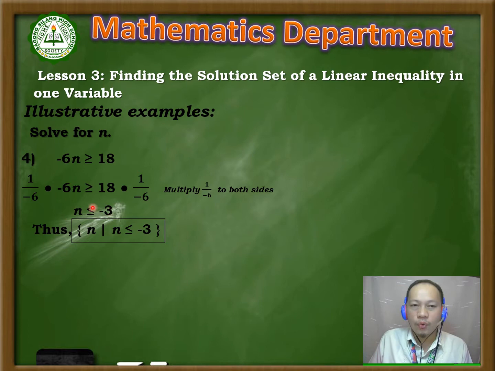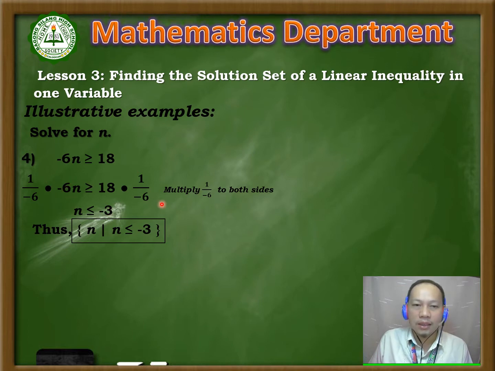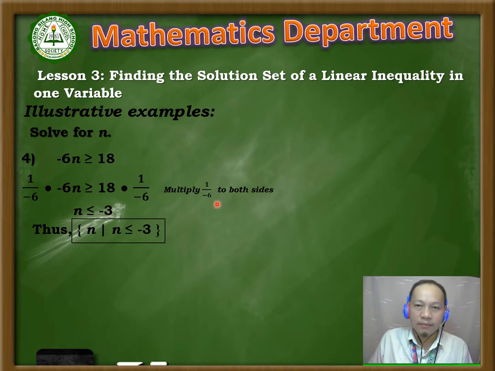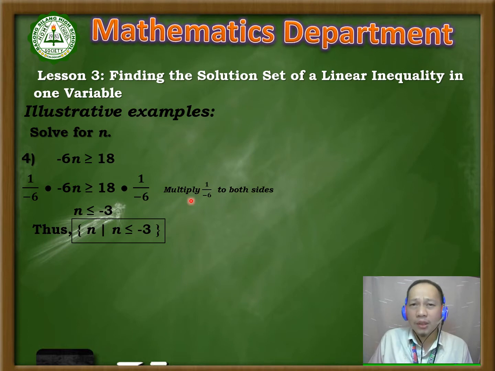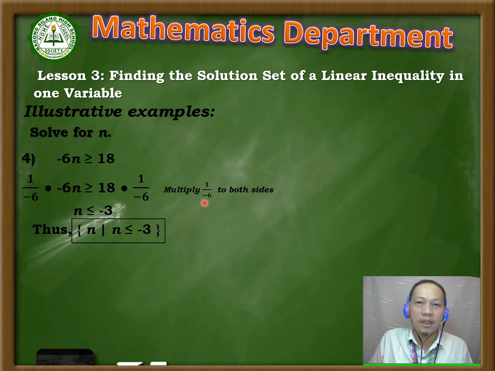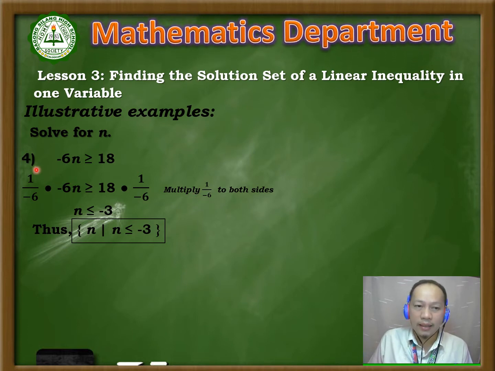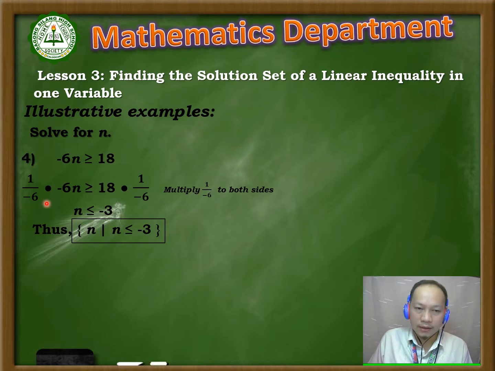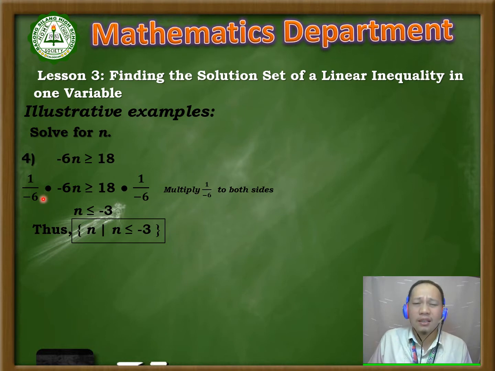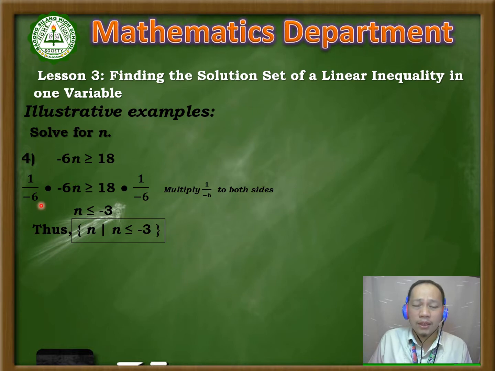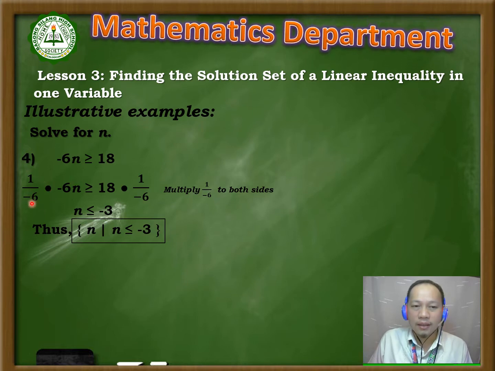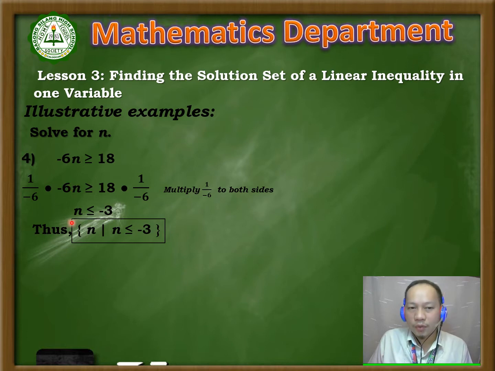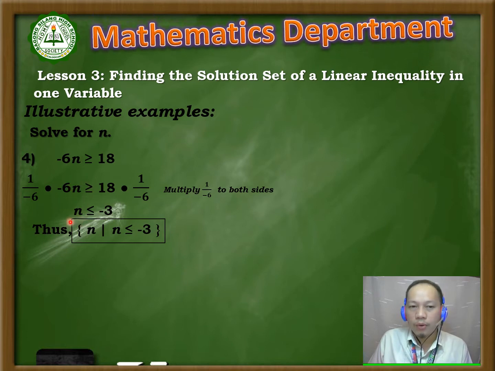Okay, so we multiply both sides of this inequality, by applying the multiplication property of inequality, by 1 over negative 6, or by the multiplicative inverse of negative 6, because 1 over negative 6 times negative 6 would be 1, and the numerical coefficient of n will be 1.